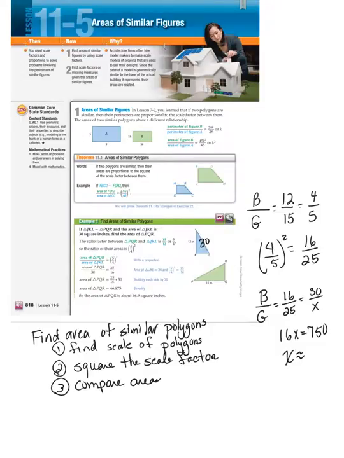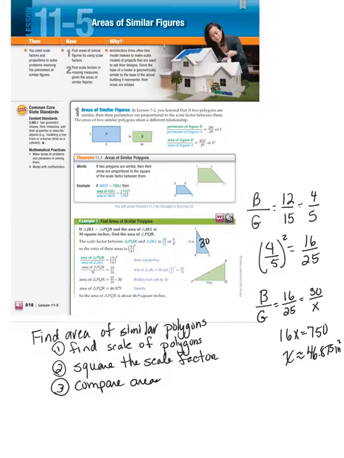My x is approximately 46.875 square inches. So I found my scale factor, I squared it, then I used that as the ratio to set equal the comparison of my two areas. And I went blue to green, so I was consistent throughout.